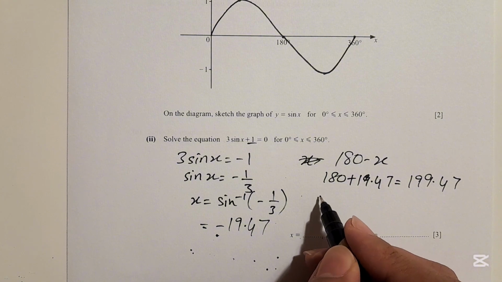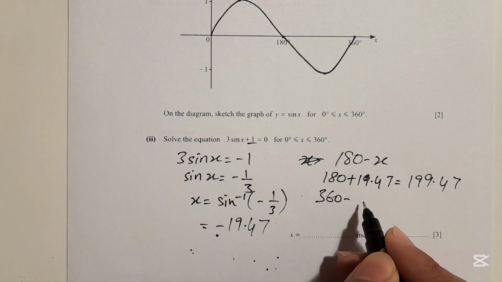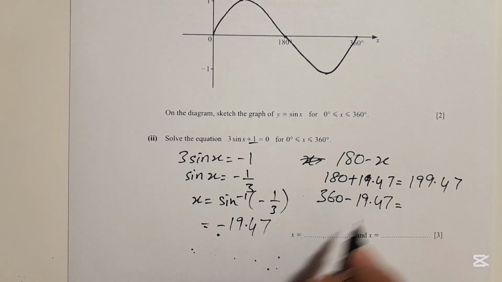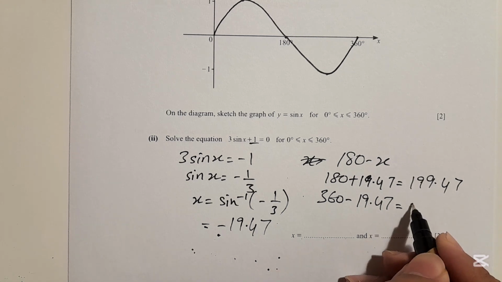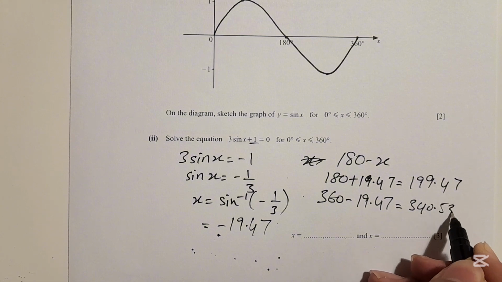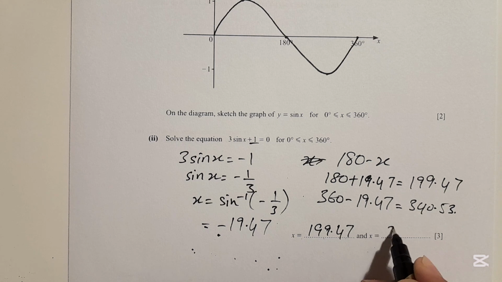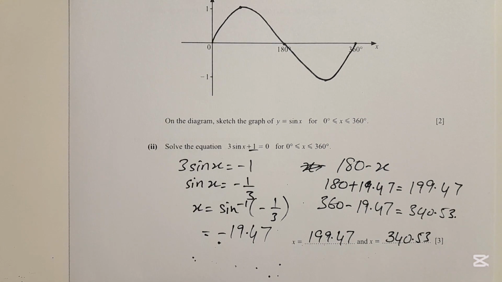And for 360, we will take 360 minus 19.47, that will be 340.53. So one is 199.47 and the second one is 340.53. These will be the final answers for part 2 of question C.